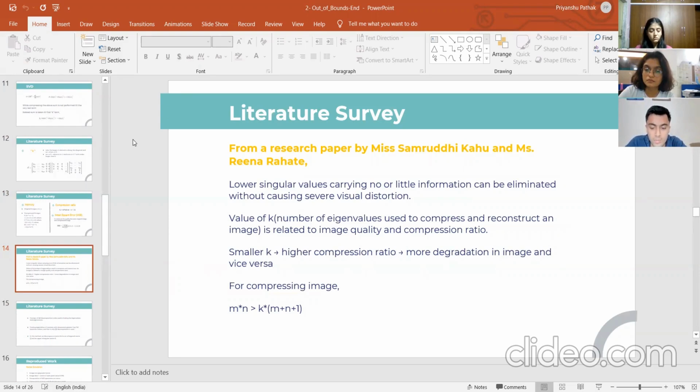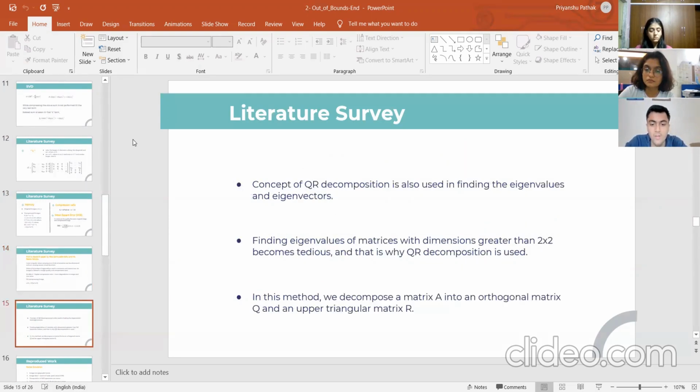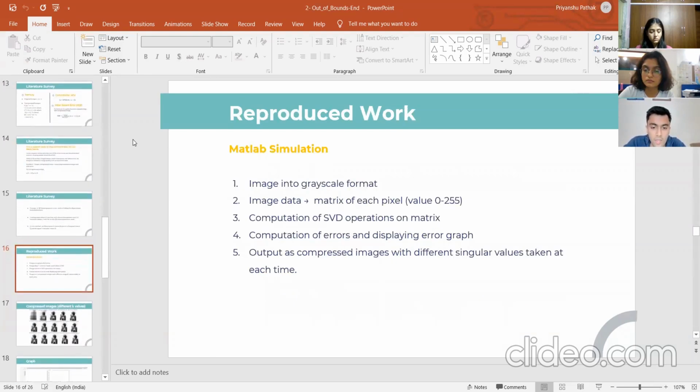We can again observe that as the value of K increases, the image quality will increase and the compression ratio will decrease. And this is the basic idea about the QR decomposition that is used to find the eigenvalues and eigenvectors. And yeah, so now we'll see some of the reproduced work that helps in performing image compression.